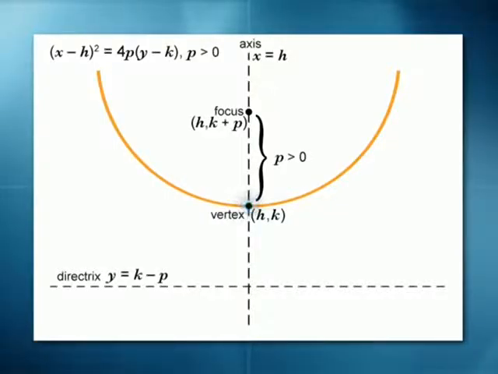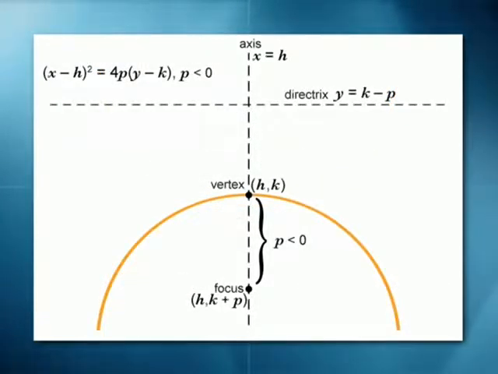If the vertex is at (h, k), then the focus would be p units upwards, so it would be at (h, k plus p). You add p to the y coordinate. Notice that the directrix has equation y equals k minus p, because you're below the vertex.